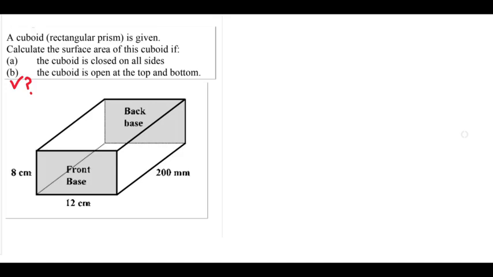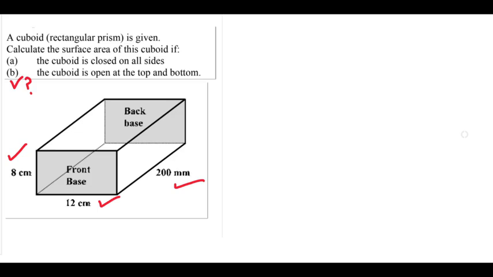Whenever you have to solve this type of question, first of all all these three must be in the same unit. You can convert centimeter to millimeter, or millimeter to centimeter. Must be one unit. So I'm going to convert millimeter to centimeter because I already have 2 centimeter here.